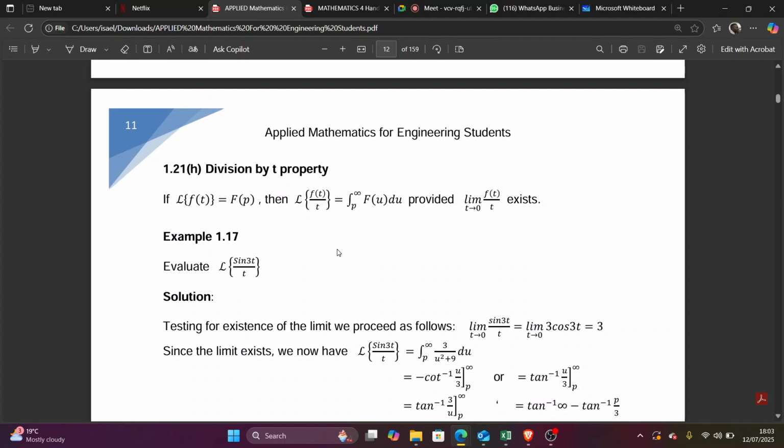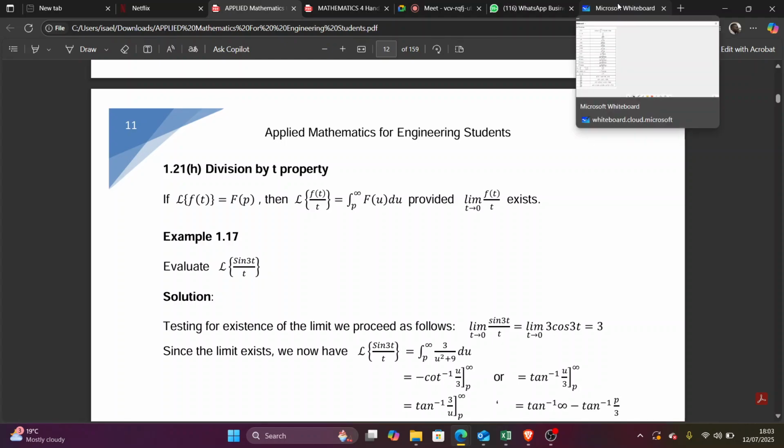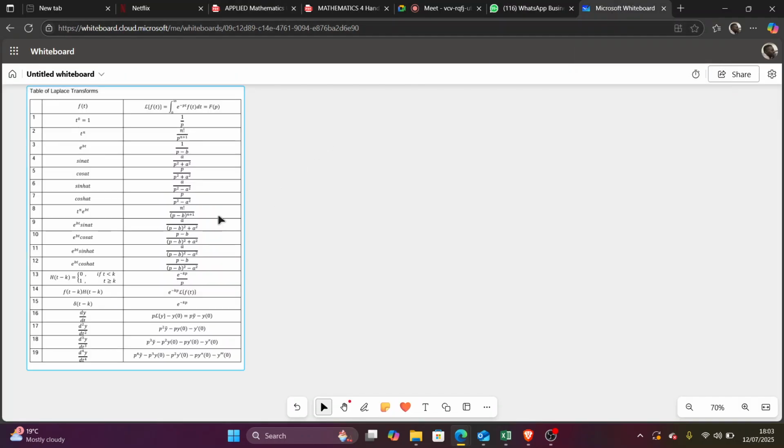Let's do this. What does the formula say? It's all about the formula.